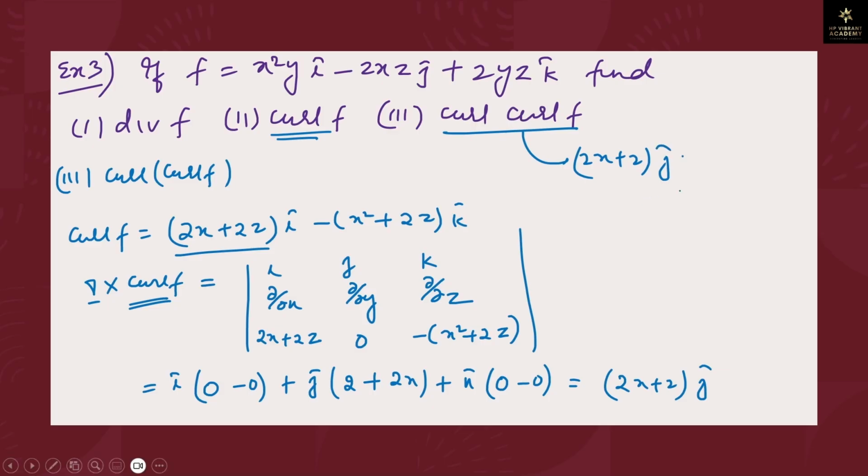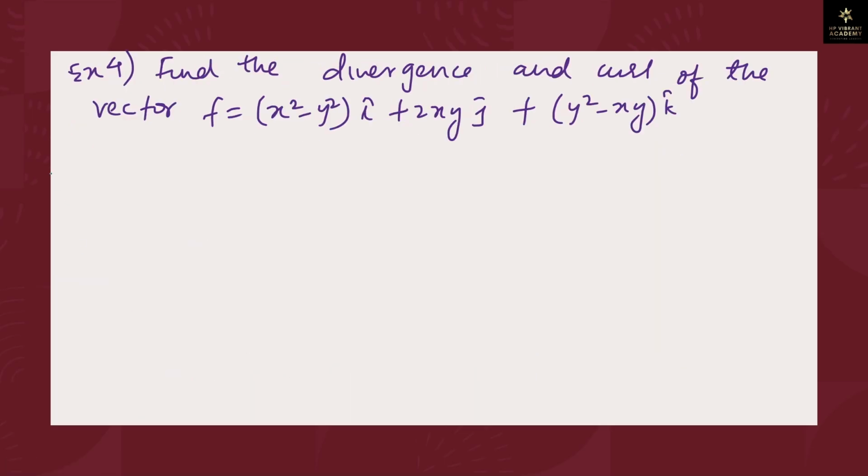Okay, so let us discuss question number 4, how we can solve this. In this question, we have to find the divergence of f and curl of f. So divergence of f is the dot product of the del operator with vector f. So this we can write as, let us take the components.